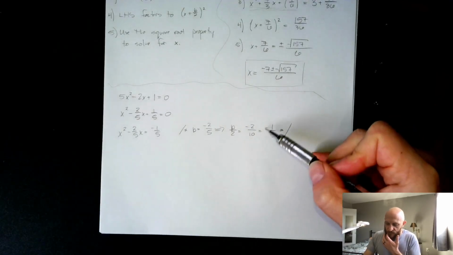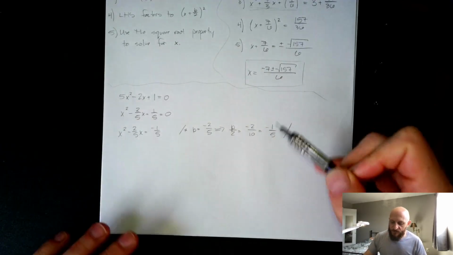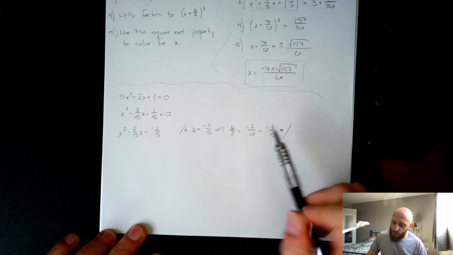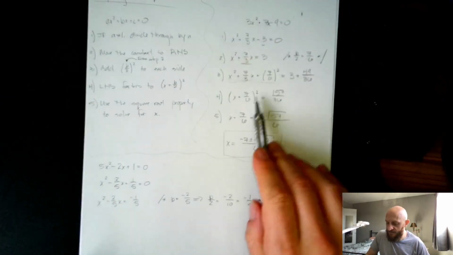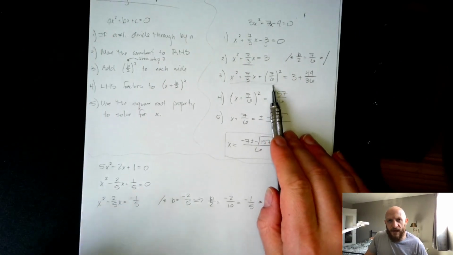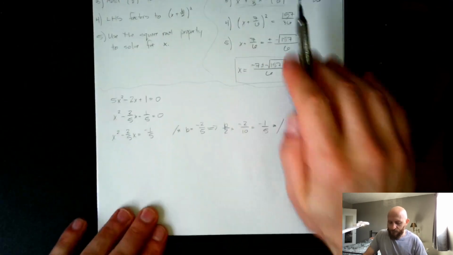So b over 2 squared is what I want to add to both sides. But again, I want to be careful with the negative. And here's the reason that I insist on not actually squaring this term out.